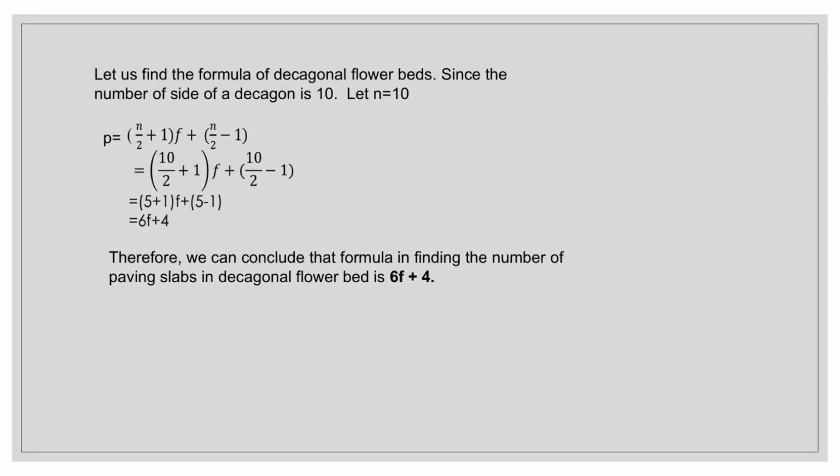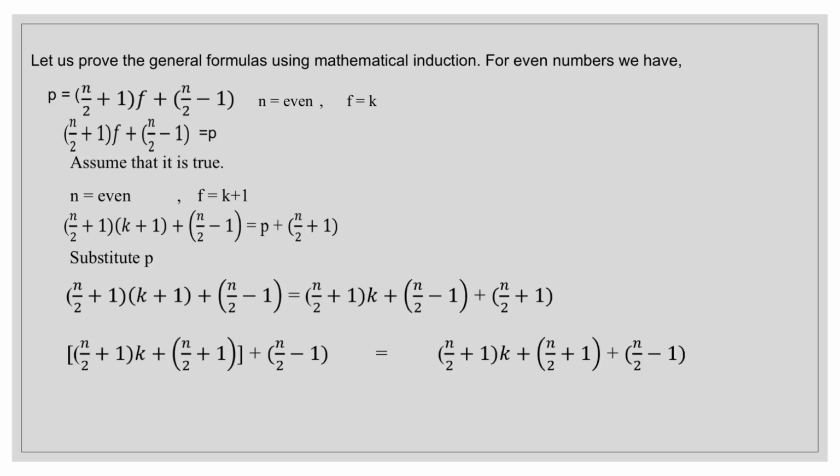Let us prove the general formula using mathematical induction. For even numbers, we have P is equal to quantity n over 2 plus 1 multiplied by F plus quantity n over 2 minus 1, where n is even and F is equal to K. So, n over 2 plus 1 multiplied by F plus quantity n over 2 minus 1 is equal to P. Assume that it is true.